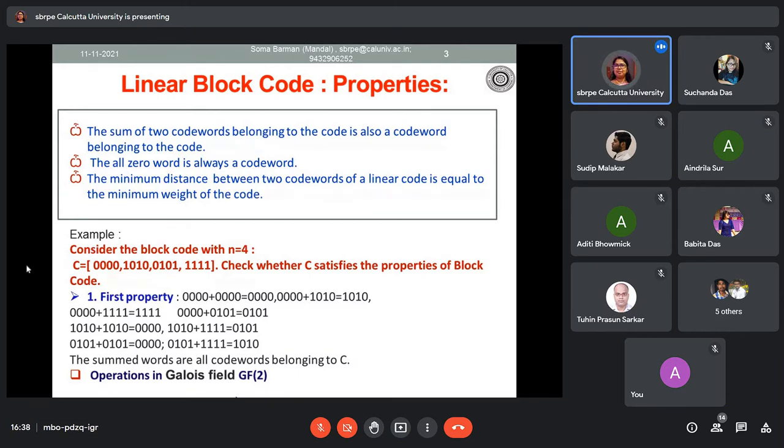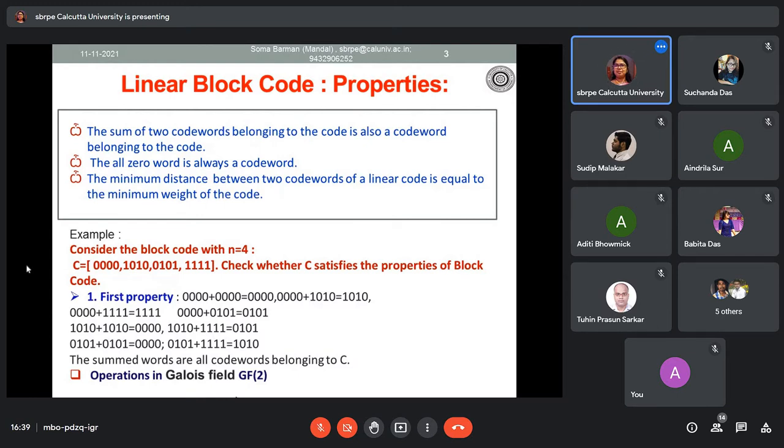And the set S is a linear block code. So if I add S1 and S2, the resultant of this summation will give another code that should be within the set S.